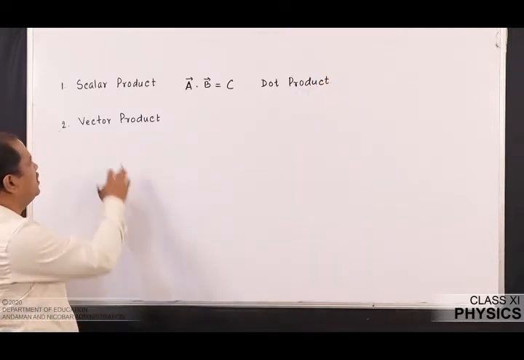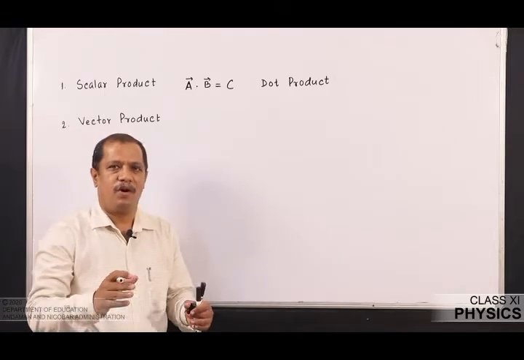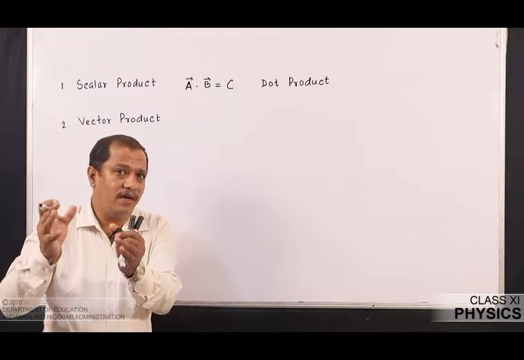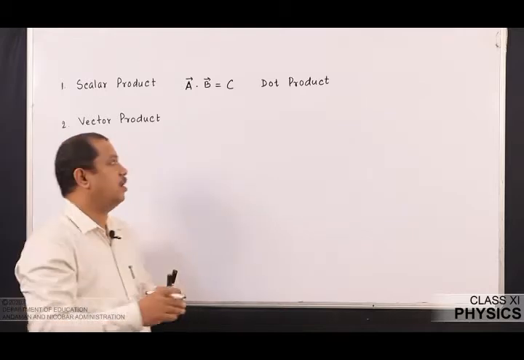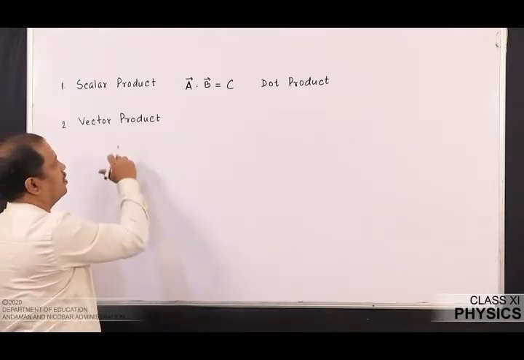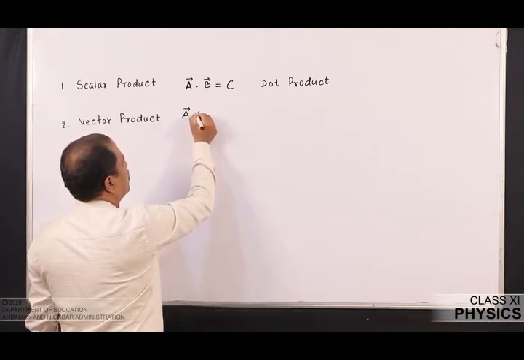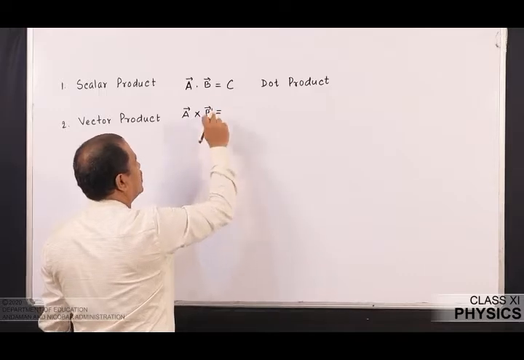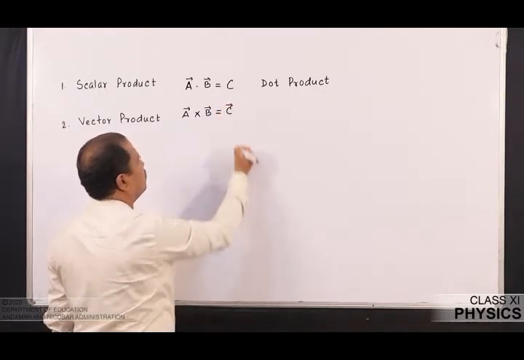Similarly, when I say vector product, it means that when I find the product of two vectors, the resulting quantity is going to be vector in nature. As such, I call that product a vector product. Let us put it this way, A cross B. The answer that I am going to get will also be a vector quantity.